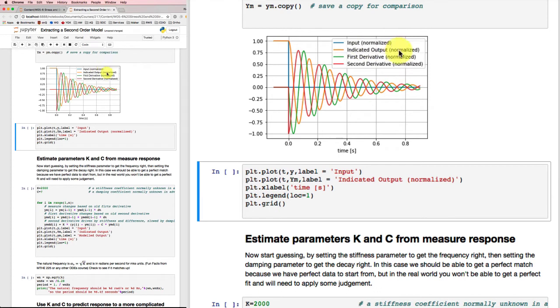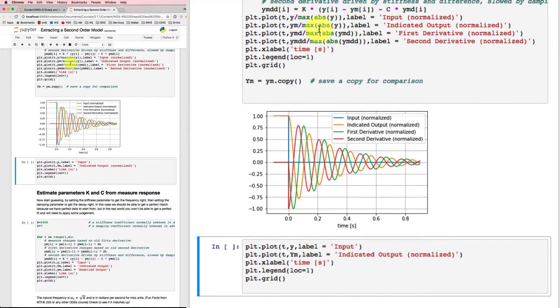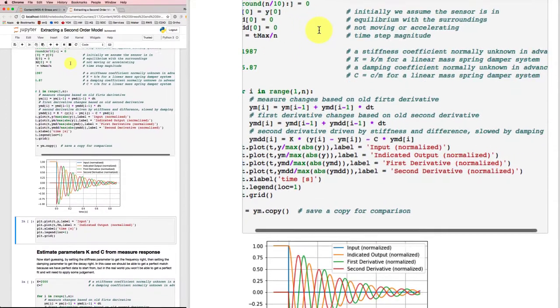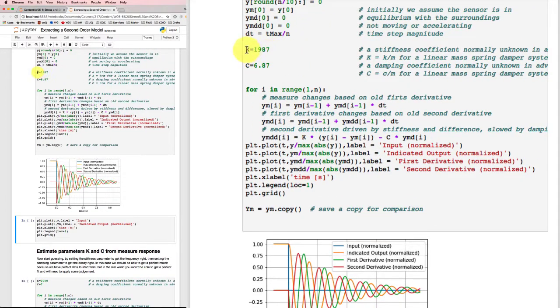And I've normalized all of the values so that they all vary between 0 magnitude and a magnitude of 1. So we're still seeing the same kind of oscillations that we saw before. That response is based on an assumed stiffness coefficient and damping coefficient of 1987 and 6.87.